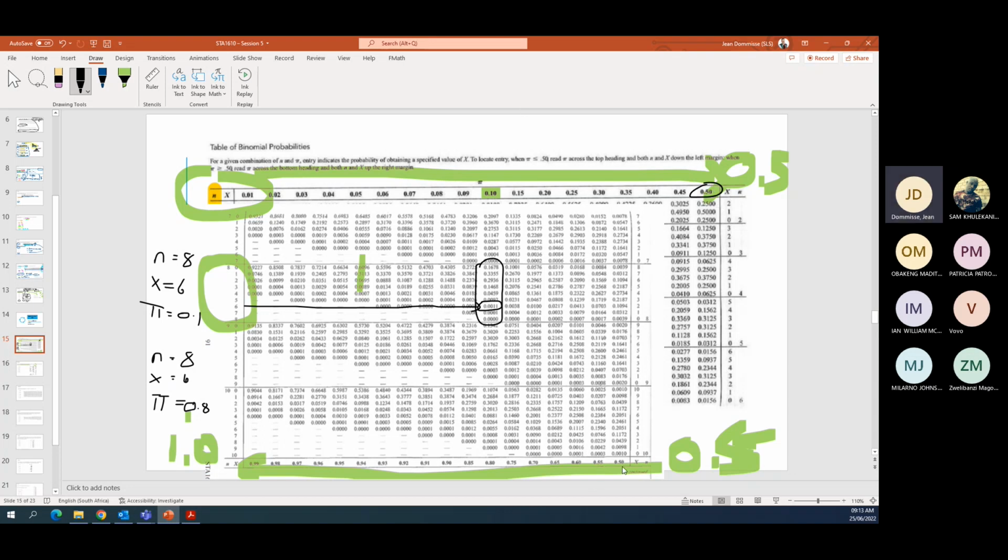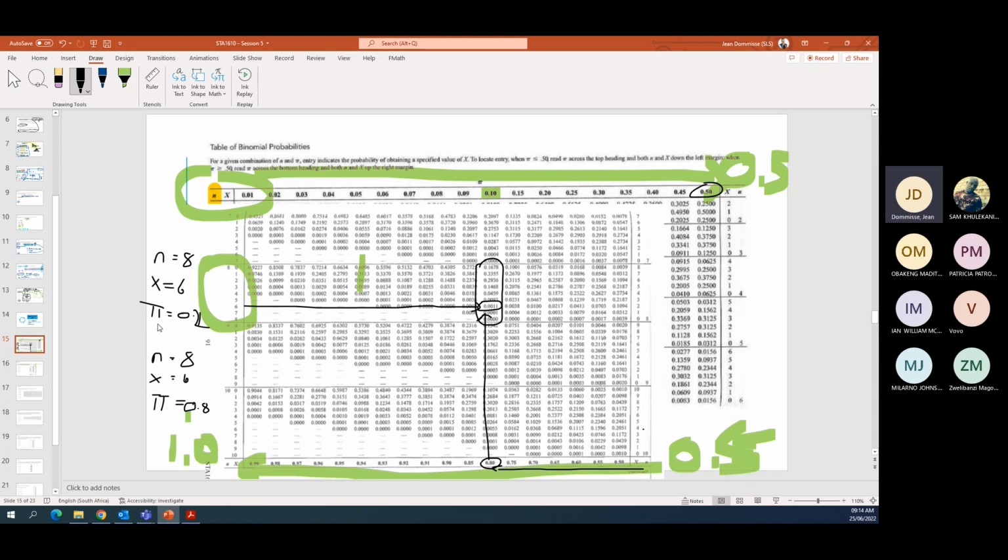So we go to the bottom, and there we see 0.8. That should have been 0.2, and 0.8 is going to be the same. So just remember that at the top, it is up to 0.5. At the bottom, it is from 0.5 to 1.